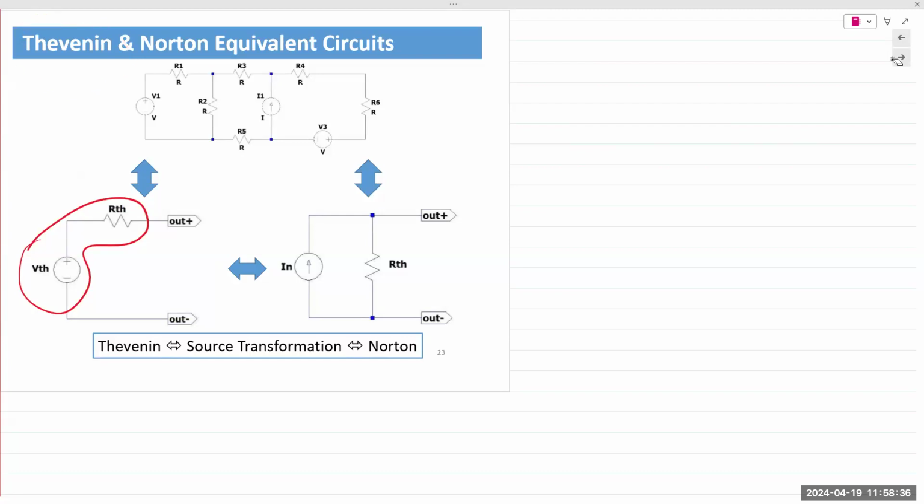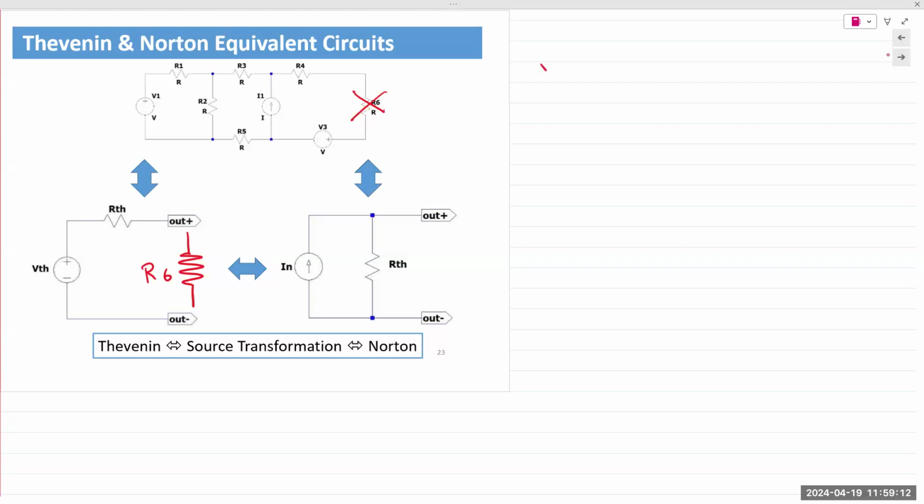Basically, it is saying that this small circuit with one source and one resistor is equivalent to that larger circuit between the terminals of analysis. The terminals of analysis would be excluding R6. So you would analyze the circuit once and only once between the pair of terminals where R6 was connected, and you could represent that entire circuit with an equivalent single voltage in series with a single resistor.